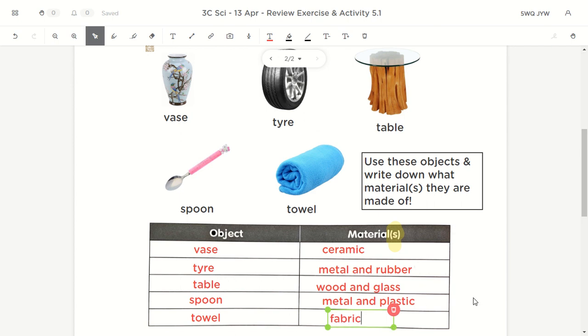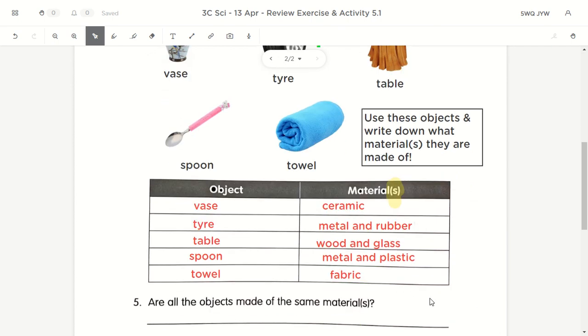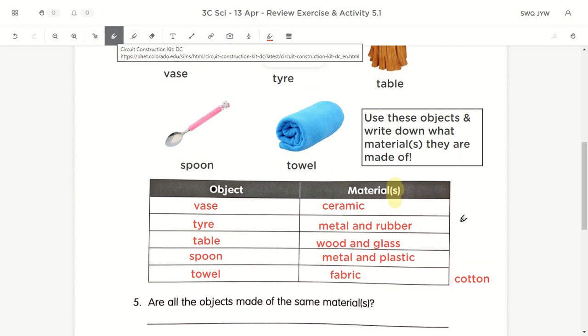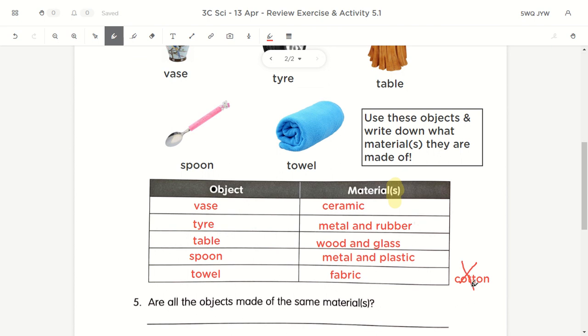Alright, some of you talk about cotton. Okay, let me just write the word cotton down. Some of you, instead of writing fabric, said it is cotton. But actually, is it correct to write cotton? It is actually wrong to write cotton. Why so?